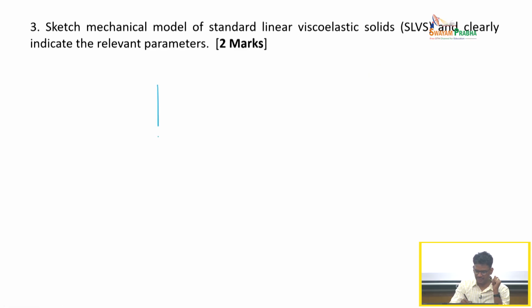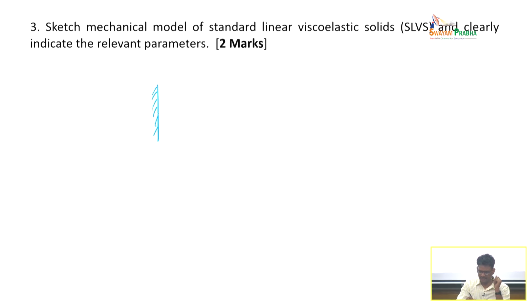So this is again a very straightforward problem, right? It's just basically sketching the mechanical model for this standard linear viscoelastic solid. So we know that for a standard linear viscoelastic solid, there is a linear spring, E1, and this is connected to a Kelvin arm. So there will be a dashpot, and then there will be another spring, and together they support the stress.